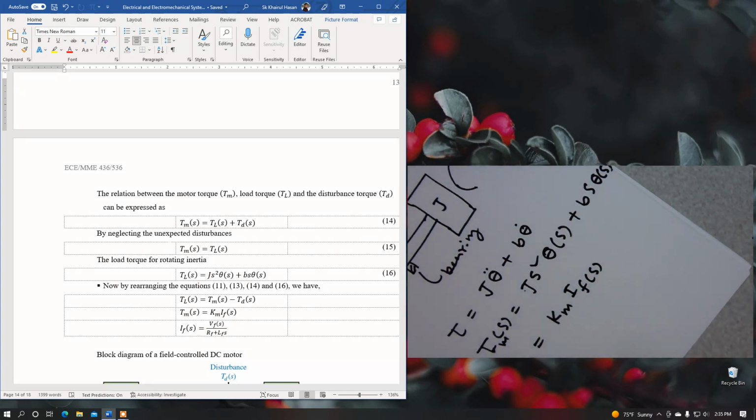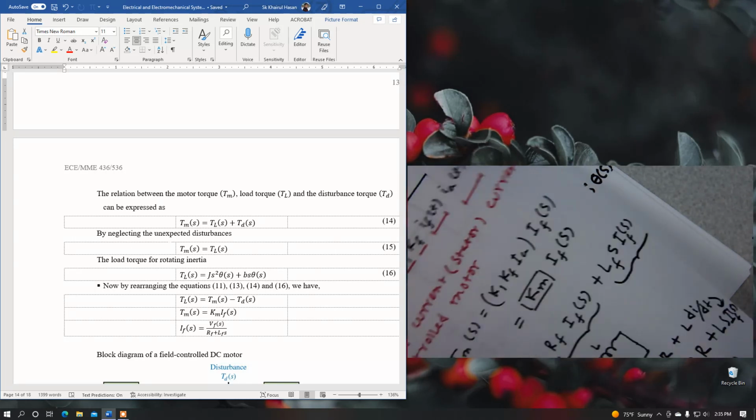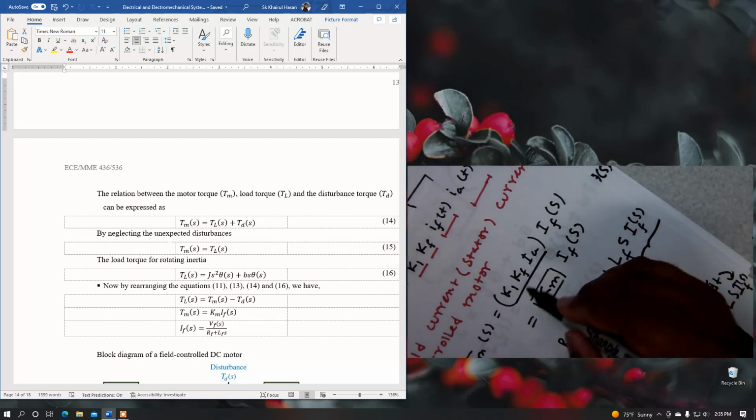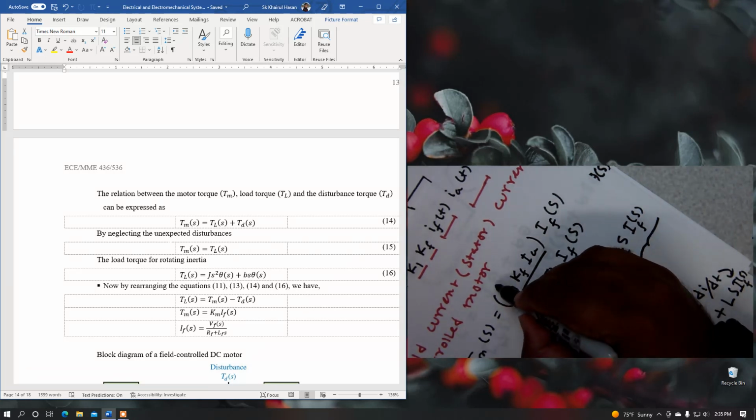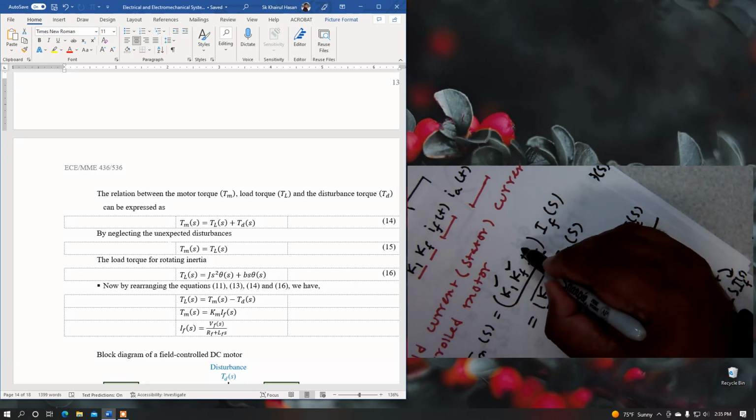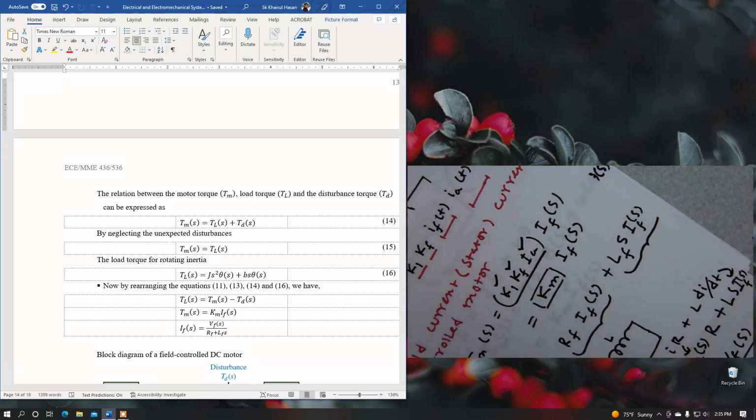Can you remember what the Km was? The Km was the total motor constant, which includes the proportional constant for the rotor, for the stator, and also we considered the armature magnetic field is constant and the corresponding current flow is Ia.